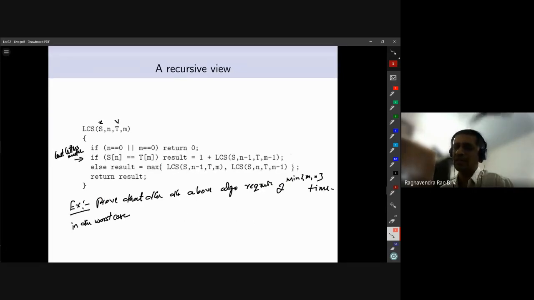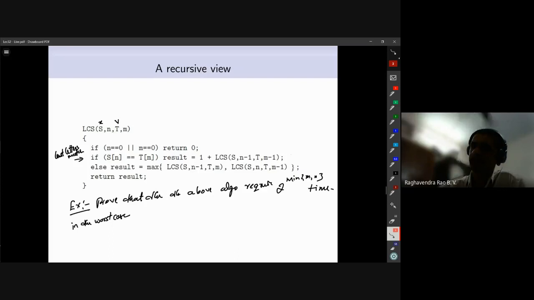So the first observation is: how many distinct calls are possible? If we ignore this string as a parameter, once I know these values, say this is my i and this is my j, it's all about these values here.